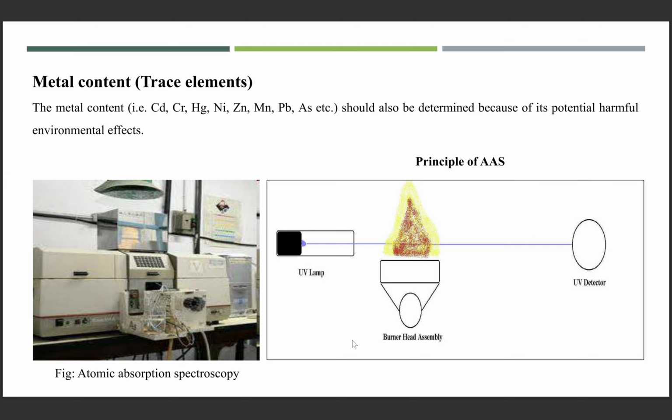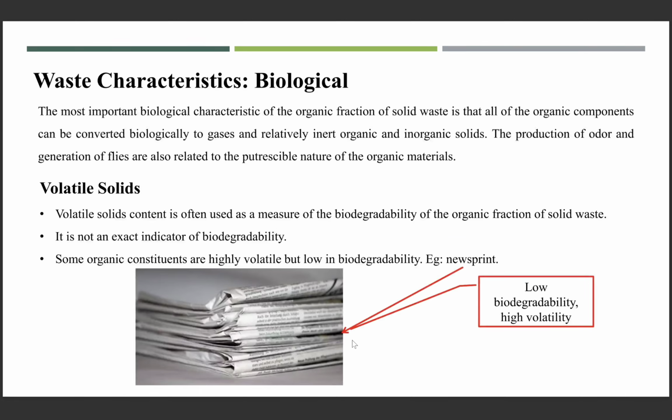To determine the metal content in solid waste, first the samples are digested using nitric acid or some other acid, and after digestion, all the metals come into the extractant solution, which can be analyzed in instruments like AAS, that is atomic absorption spectroscopy, or ICP-MS, ICP-OES, and others.